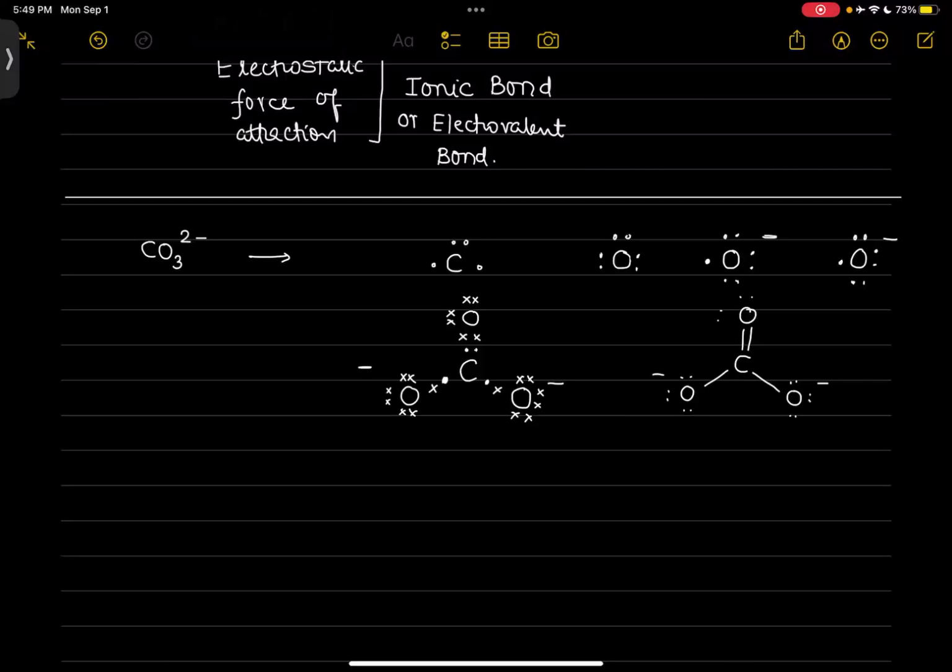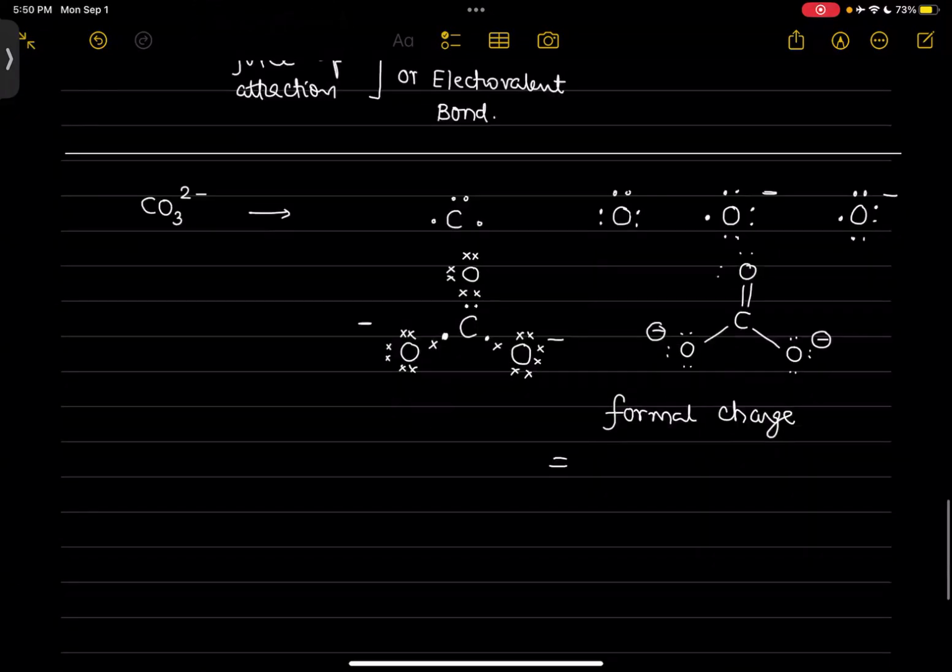This is known as the formal charge. Formal charge is basically the charge on the atom. And how can you calculate it?